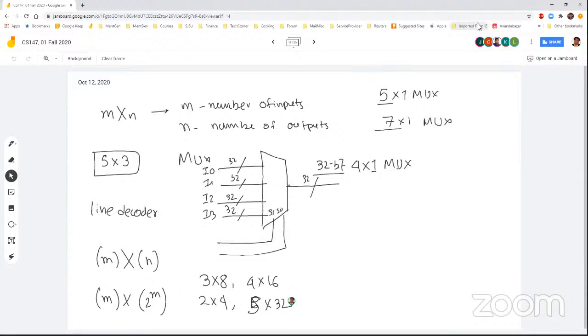You'll see that the output for the line decoder, for our discussion, is always 2 to the power something. And only then can you actually make the circuit.